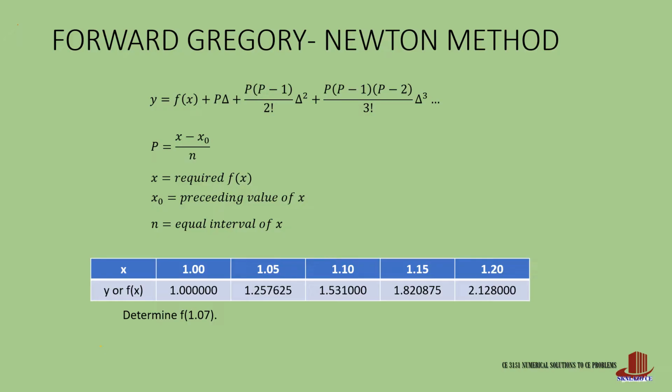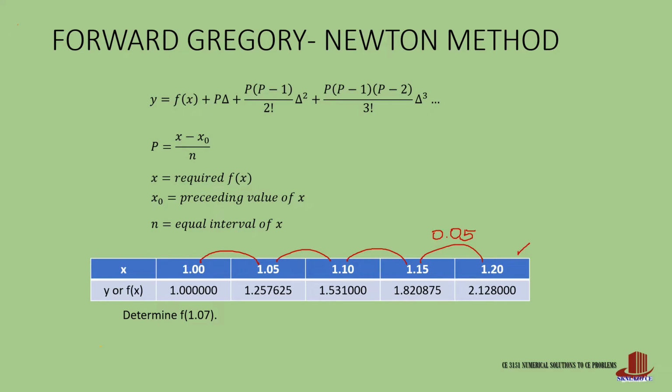Let's say that we do have this table. We've got x, which would be 1, 1.05, 1.1, 1.15, and 1.20. Checking if we do have even interval, just like what we solved earlier, it turns out that they are even at 0.05.